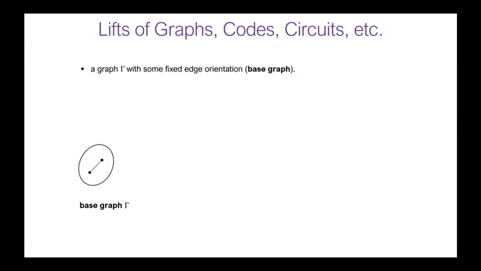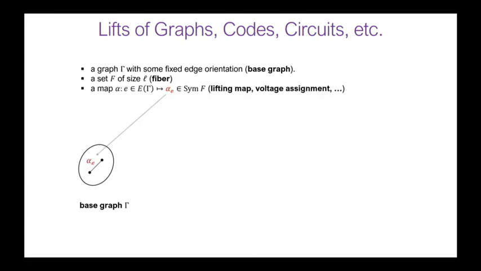Let me also slightly explain what I mean by lifted product and why we call it lifted product. First of all, let us consider the idea of the lift of a graph. We have a graph, and to each edge we assign some permutation. This permutation is a permutation on some finite set that we call a fiber.